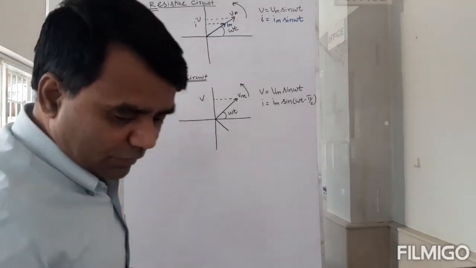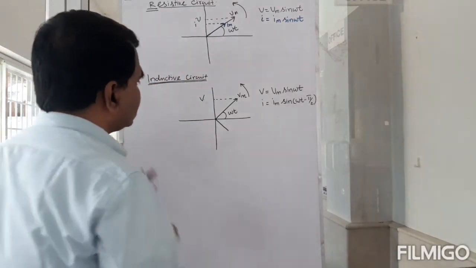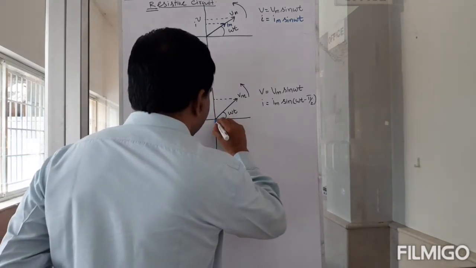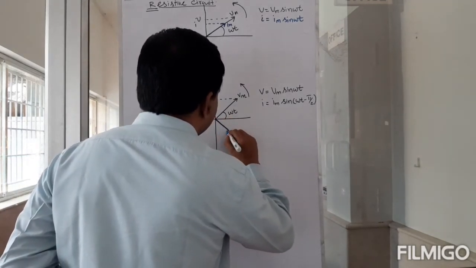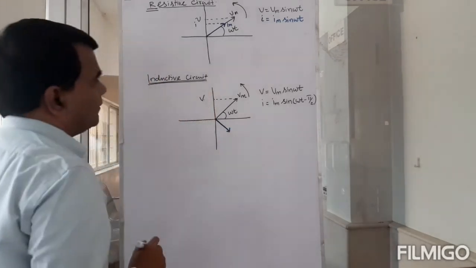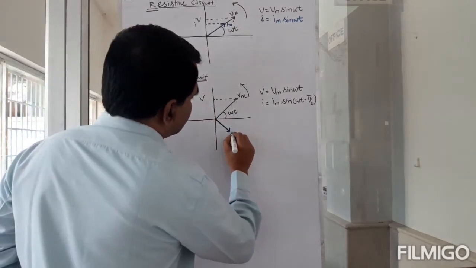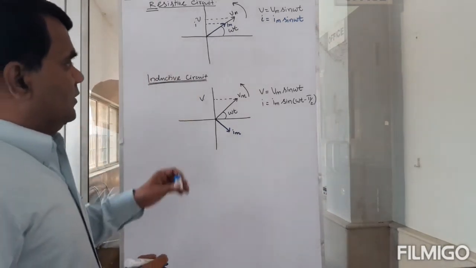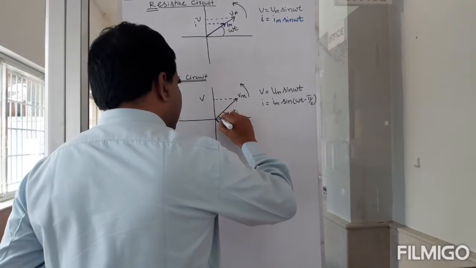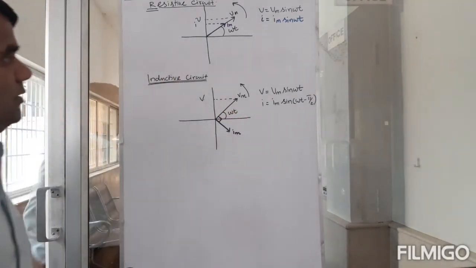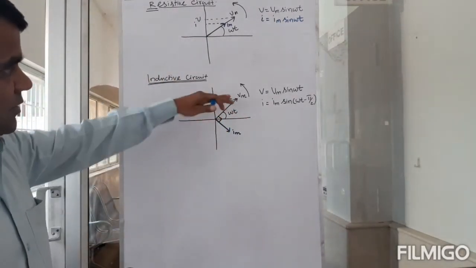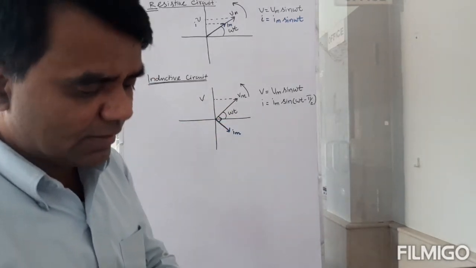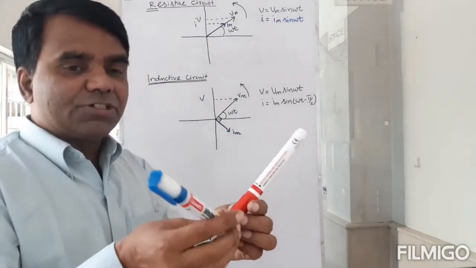Or I should use a different color. Okay, so this is my I. So the angle between them is 90. So this goes and it comes later. So they move together like that. Okay, so they are like this, 90 degrees to each other.